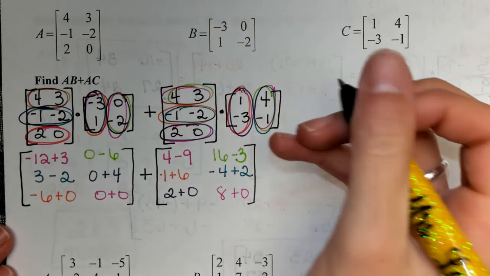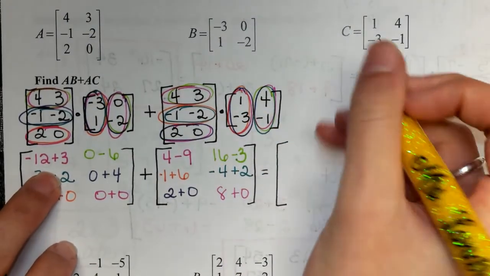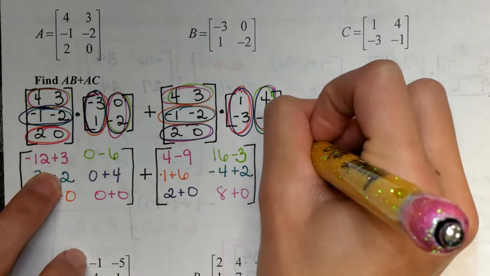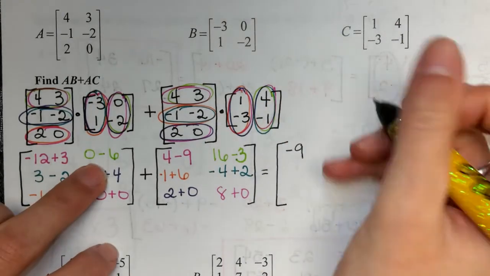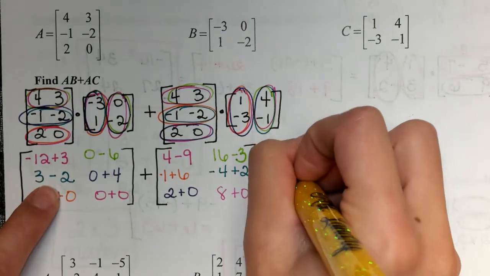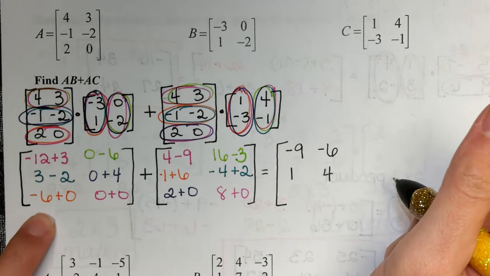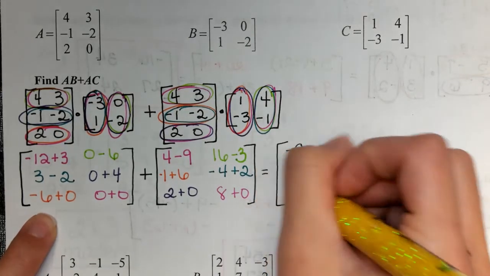Alright. Negative 12 plus 3. Negative 9. 0 minus 6. Negative 6. 3 minus 2. 0 plus 4. Y'all's participation is fantastic. Negative 6 plus 0.